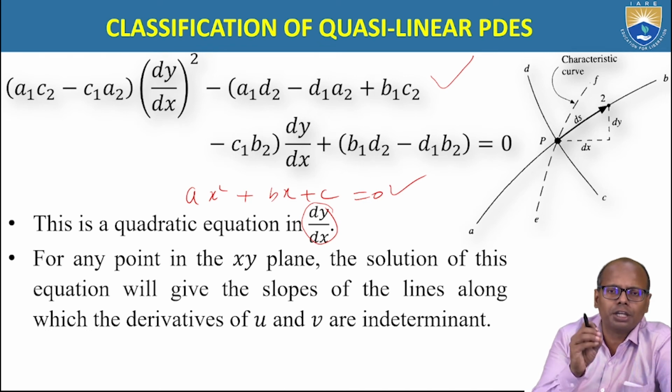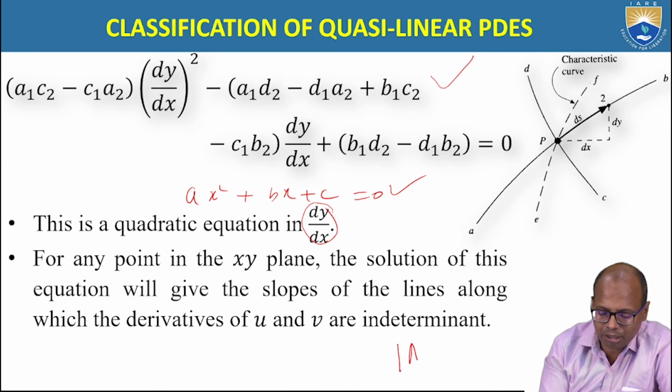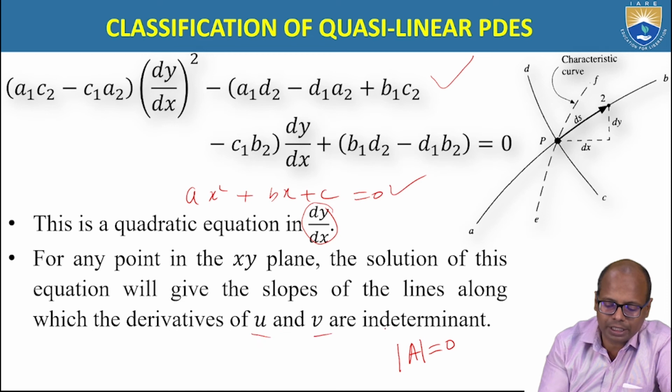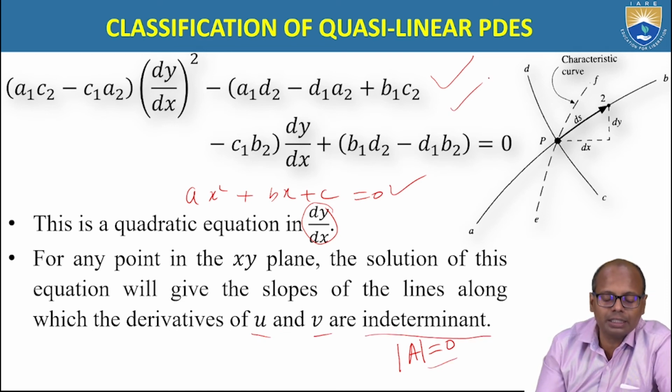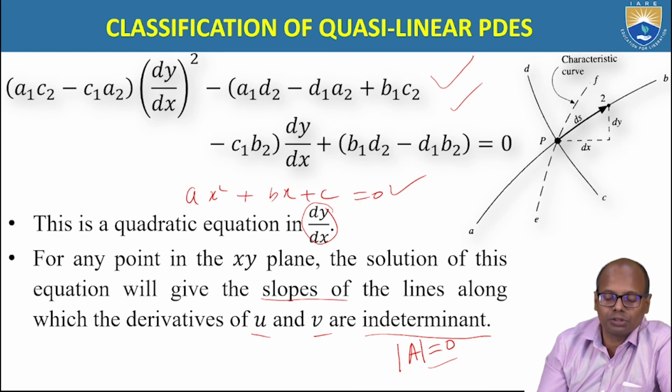We considered that du/dx, du/dy, dv/dx or dv/dy are independent, and in which condition will they be indeterminate? When the denominator, the determinant of A, is equal to 0, only then will we get these derivatives as indeterminate. From these conditions we got this equation. Now from this equation we can find out the slopes of the characteristic lines.